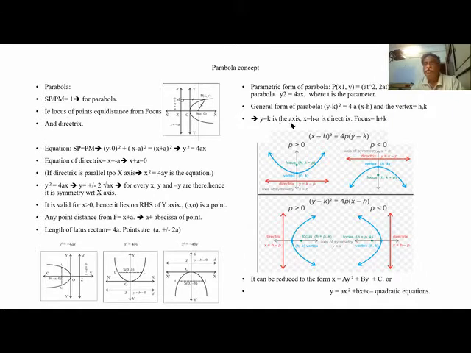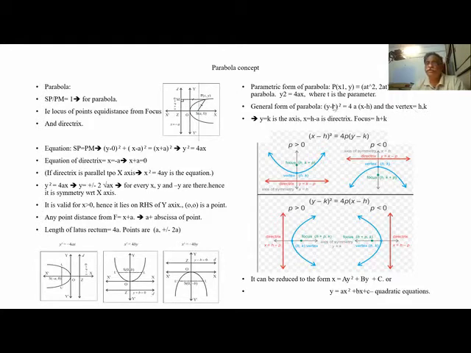Now how is the distance coming? The general form of the parabola: y minus k whole square is equal to 4a into x minus h, because y square is 4ax. Here y is k. Y square is 4ax, and here the vertex is hk.